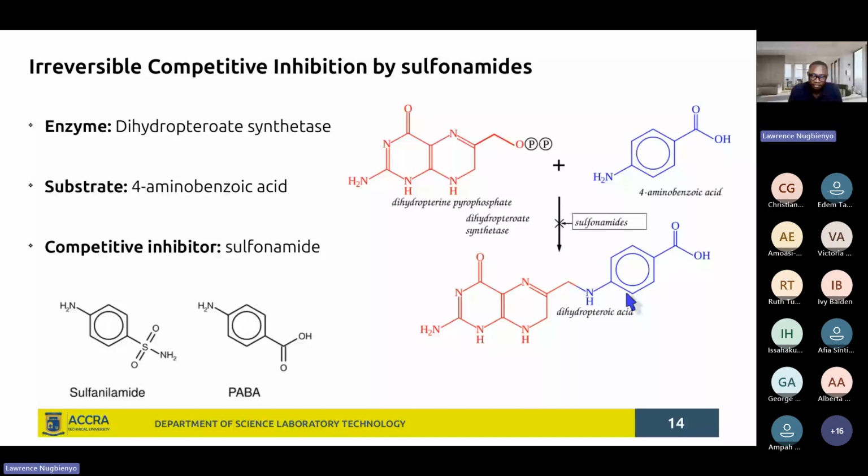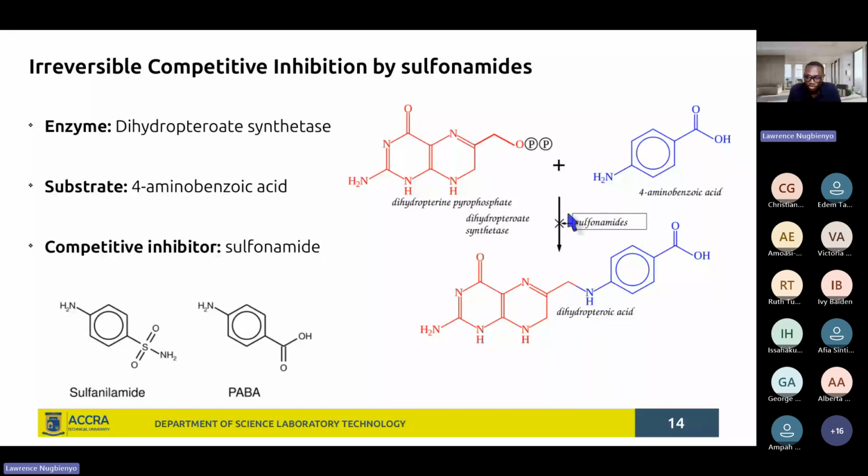Now, there's a small note that is written beside the arrow, which is sulfonamides. Now, sulfonamides is a class of antibiotics.